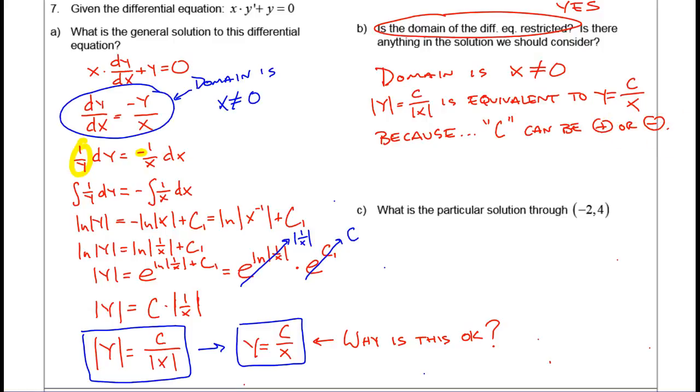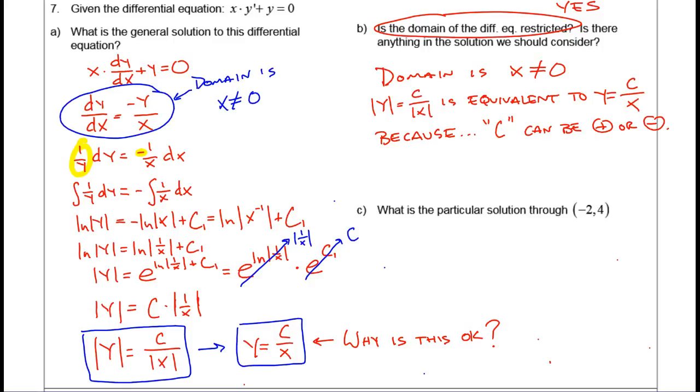If we think back to the piecewise definitions of absolute value of y and absolute value of x, we're going to have an equation that looks like y equals c over x, but sometimes the y will have a negative sign in front of it, and sometimes the x will, and maybe they both do. But remember, c is a constant that can be any real number. That real number could be positive or negative. So the fact that c can be any real number, that takes care of all of our absolute value problems.